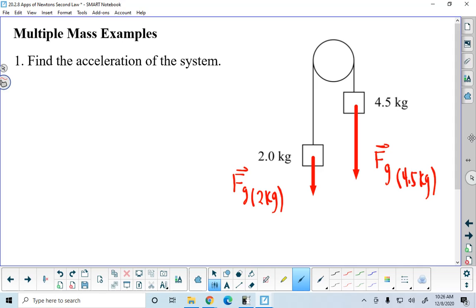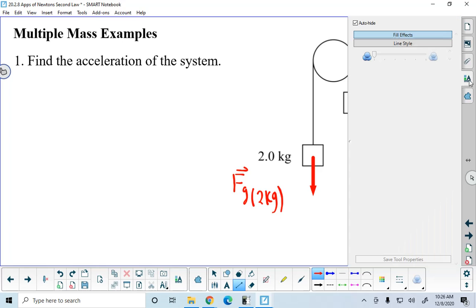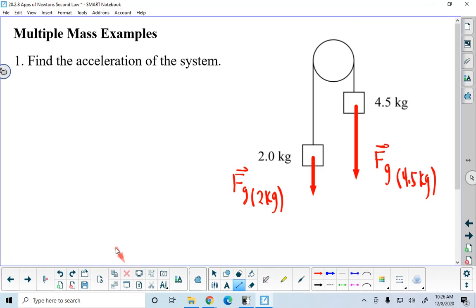I really don't think you need to or should draw what I'm about to draw, but in terms of forces on the top of the pulley, there is a force of gravity pulling the pulley that way due to the 4.5 kilogram mass, and there is a force pulling the pulley in the opposite direction due to the weight or force of gravity on the 2 kilogram mass.